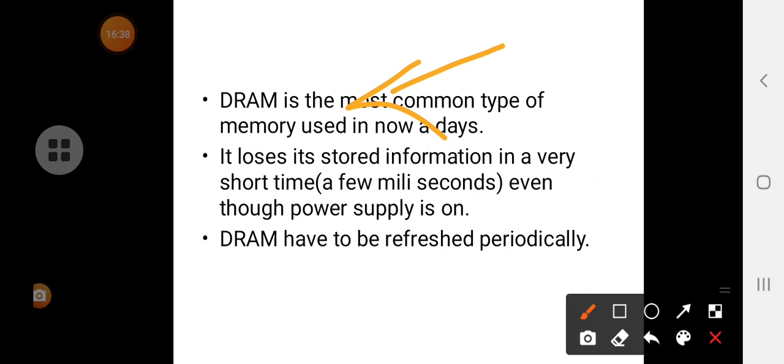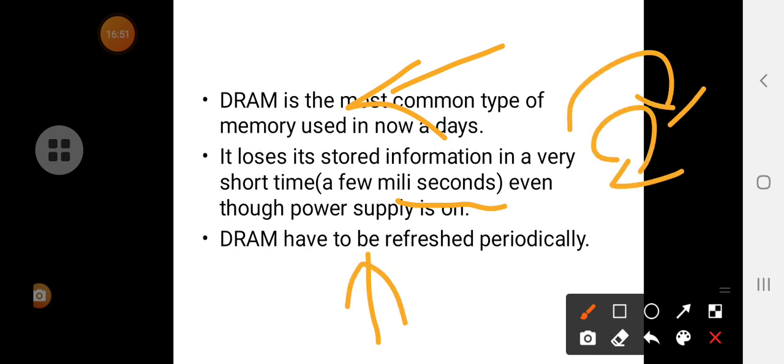It loses its stored information in a very short time, a few milliseconds. Therefore it has to be refreshed again and again, so that the information stored in DRAM will be back to the point. So DRAM has to be refreshed periodically.